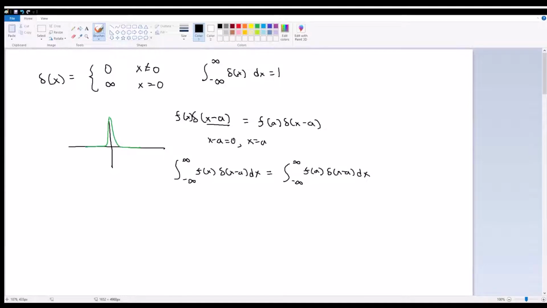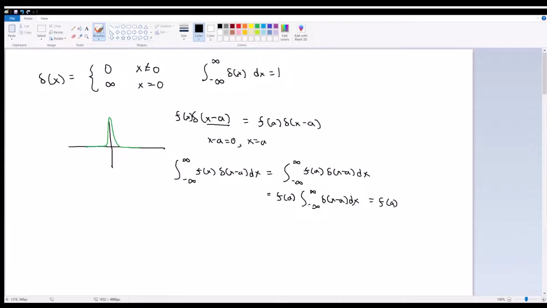And immediately, f of a is now just a constant that can be moved out of our integral. So this is equal to f of a times the integral from negative infinity to infinity of a Dirac delta. And we have this property right here, which is that the integral of any Dirac delta is exactly equal to 1. So this is just equal to f of a.